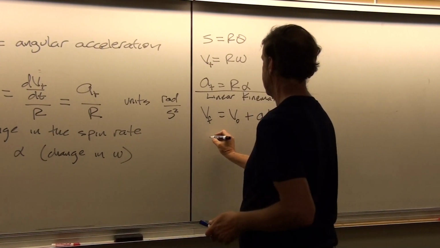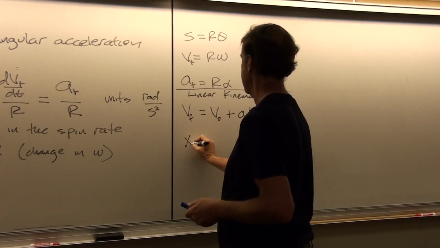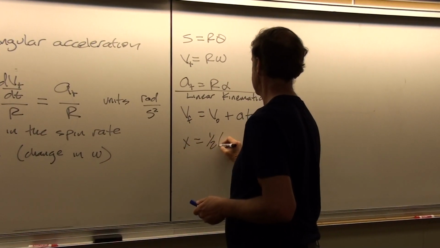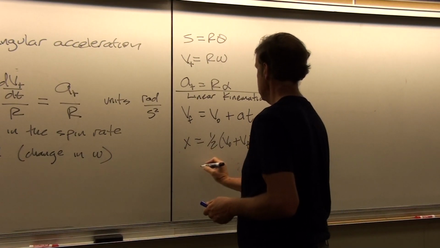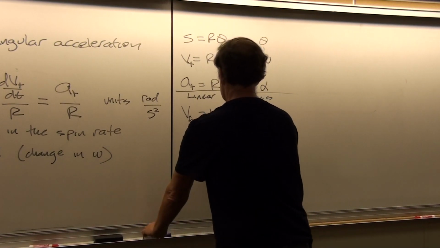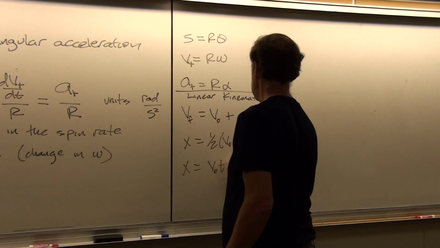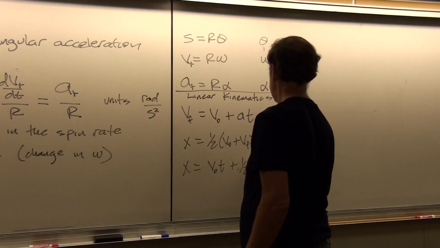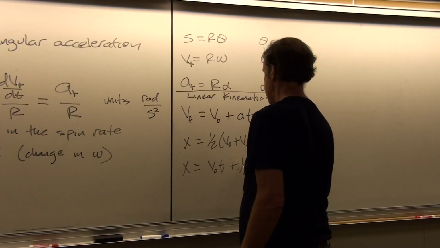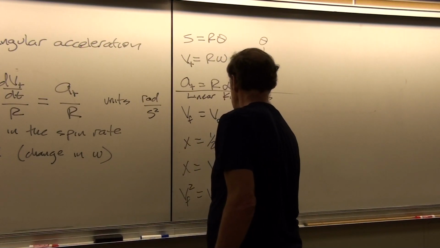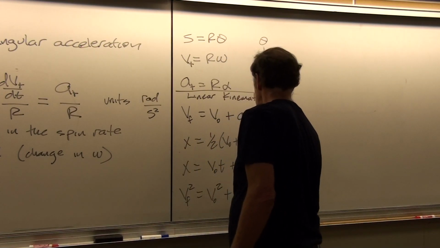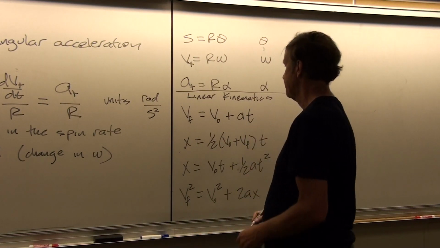We can also say that x equals 1/2 times v initial plus v final times t, x equals v initial t plus 1/2 at squared, and v final squared equals v0 squared plus 2ax.